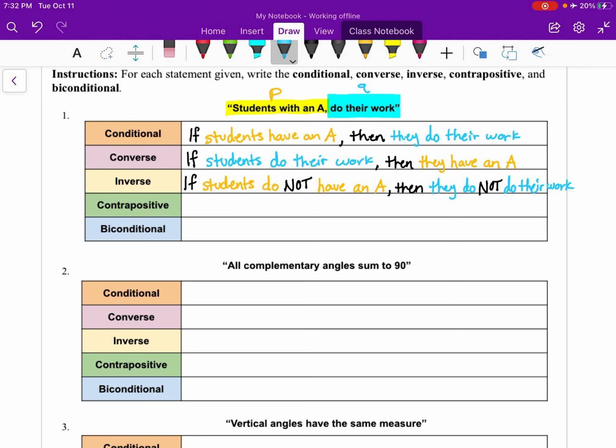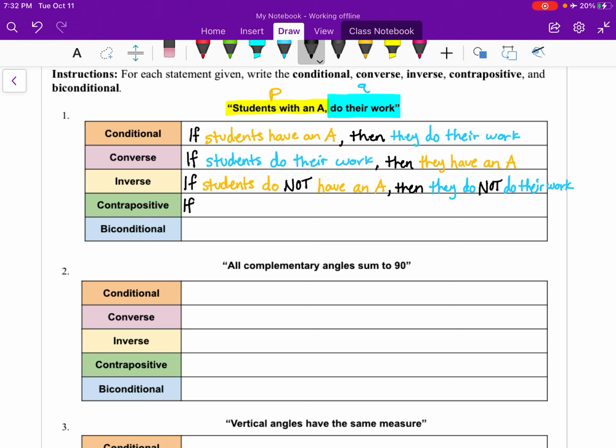Let's move on to the contrapositive. The contrapositive, again, is kind of like the inverse. What we're doing is negating a statement. But we're not just negating it for the contrapositive, we're also switching or flipping the order of the original statement.